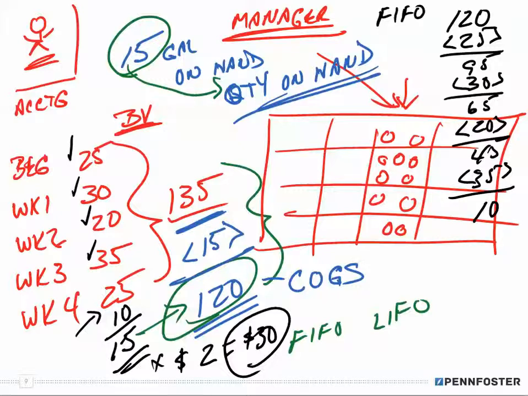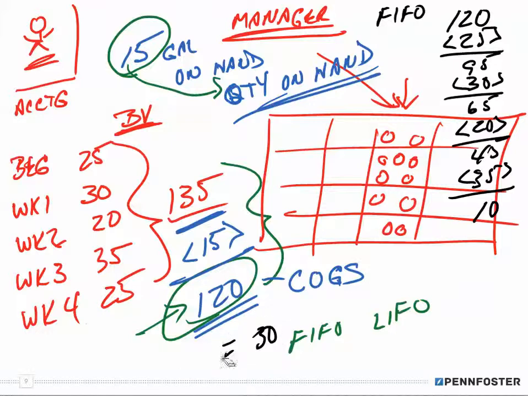Okay, so as a quick recap to that method, using FIFO, we know we have 135 on our books.